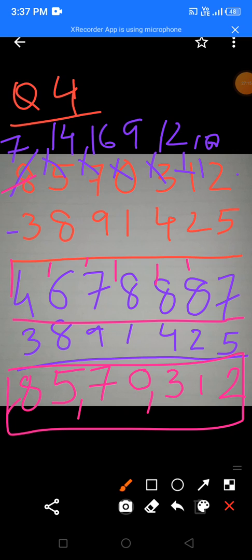Okay children. See, when you have to check, suppose I am explaining you first short. When you are asked to check, suppose I'll give you a simpler question. Suppose the question is 48 plus 12. Wait, this is subtraction, no?